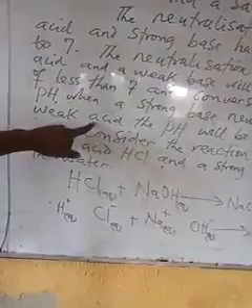And in the same vein, when a strong base neutralizes a weak acid, that is a reaction between a strong base and a weak acid, the pH will be greater than 7.